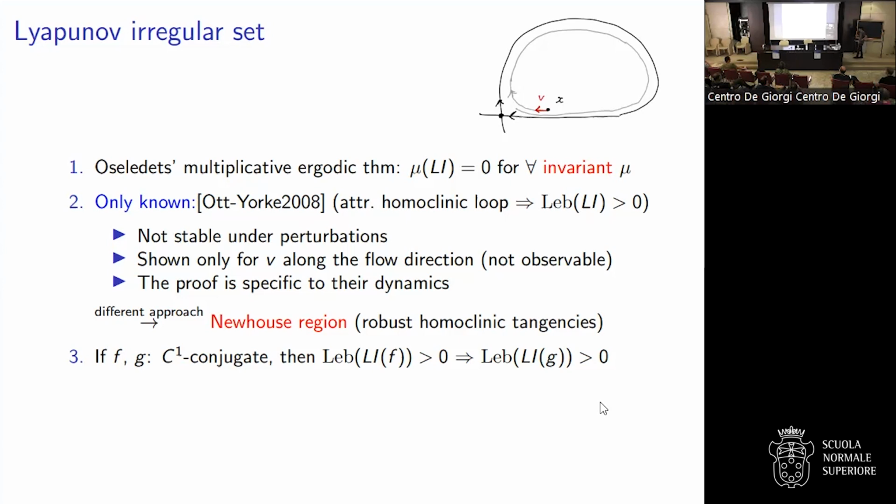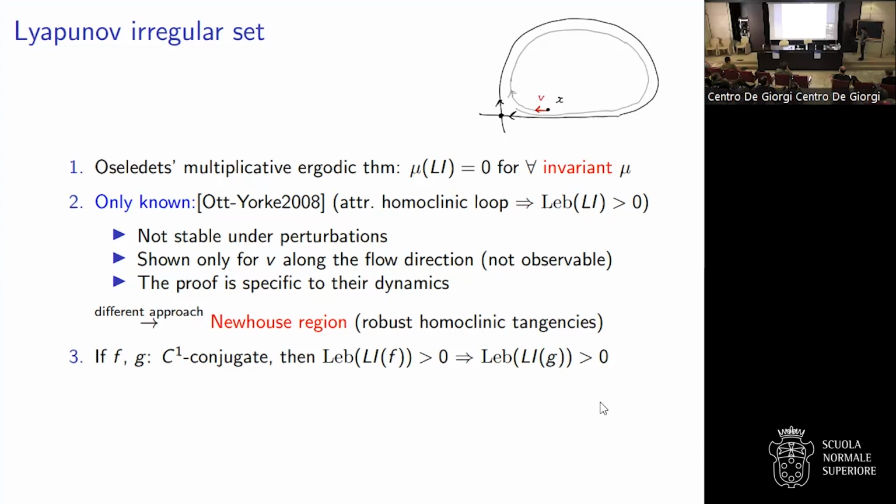I communicated a little bit with Jim Yorke, and yes, they said yes. So we decided to take a different approach, meaning considering the Newhouse region, in other words, dynamics with robust homoclinic tangencies.